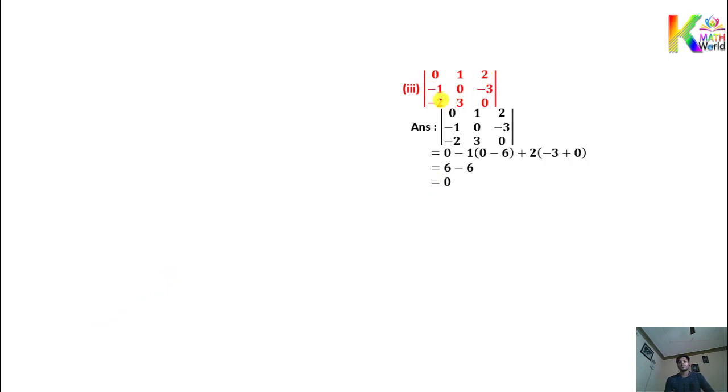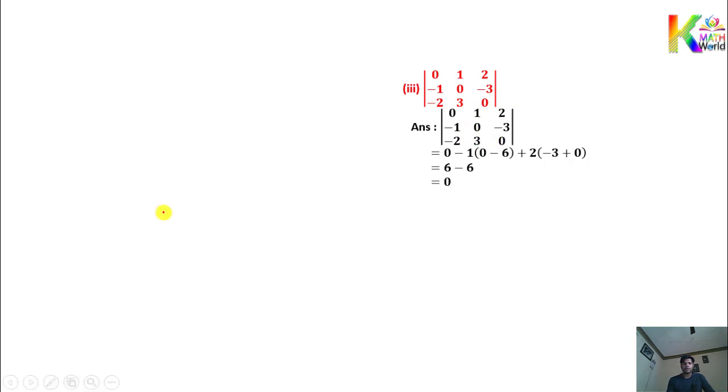Now see this question. It is a simple question. Firstly, with plus 0, 0 into anything will become 0. Then you have minus 1, so minus sign, then the element. It lies in first row, second column, so eliminate first row, second column.